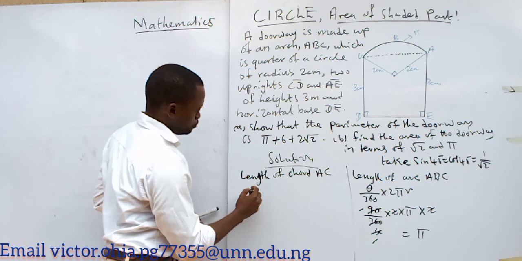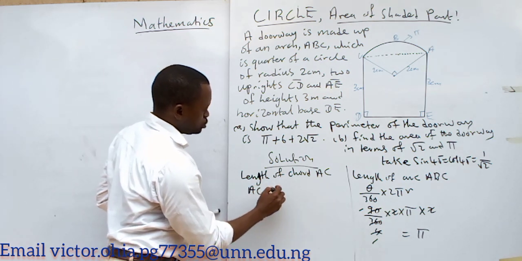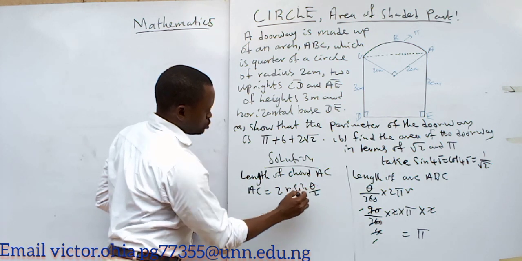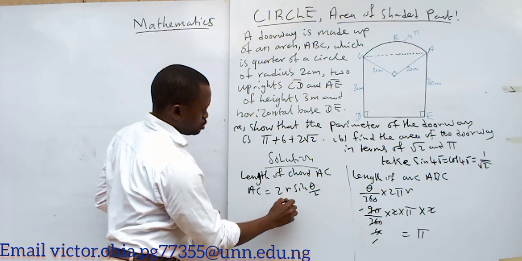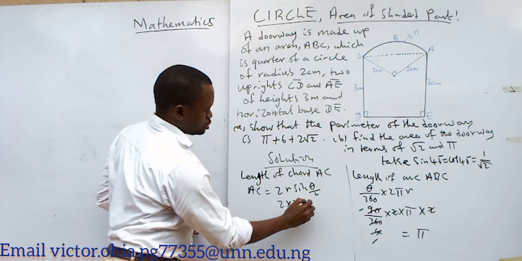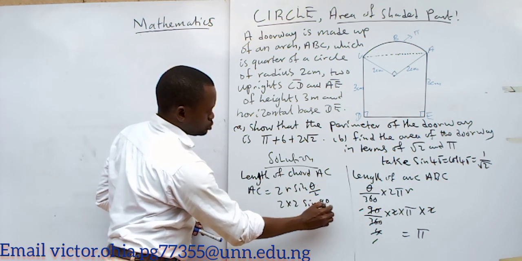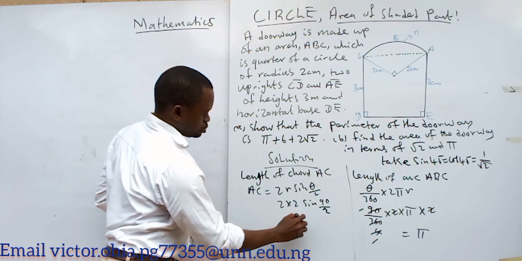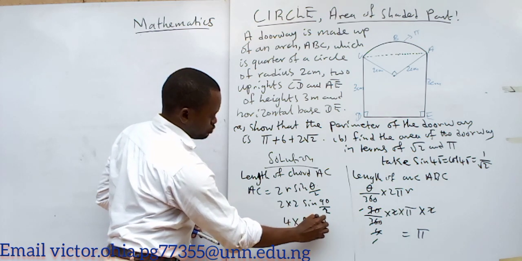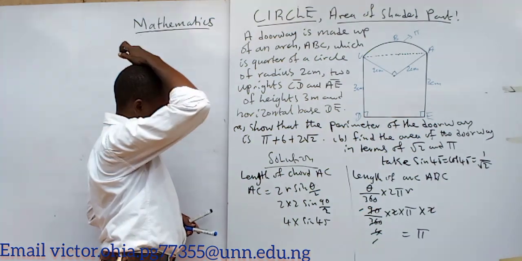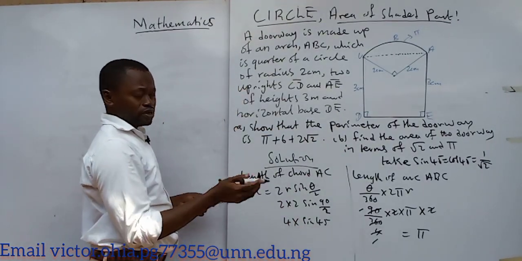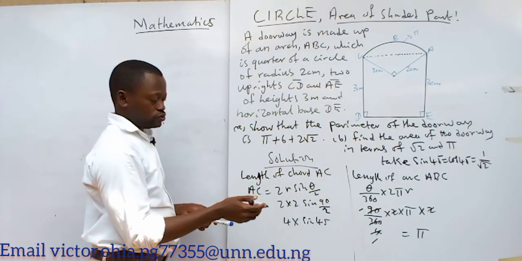Chord AC equals 2r sine theta over 2. That's 2 times 2 for r, then sine 90 over 2. So this is 4 times sine 45, which they asked us to use as 1 over root 2. I hope you know that 1 over root 2 is equivalent to root 2 over 2.